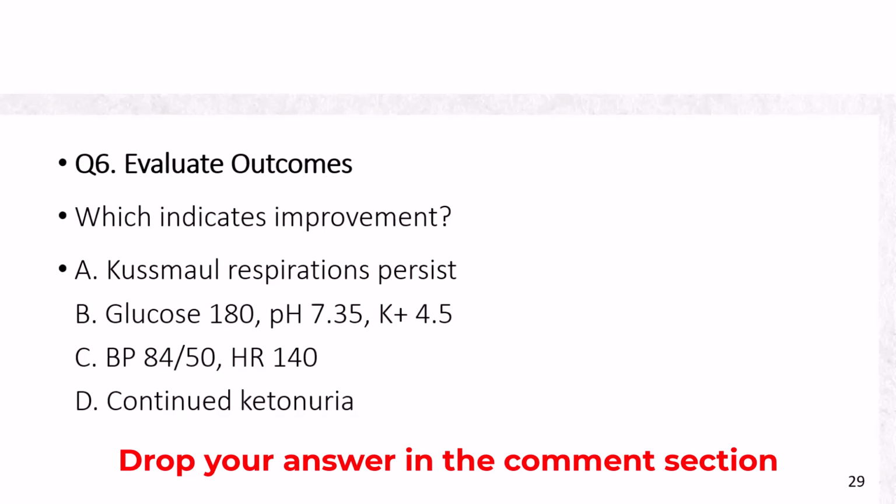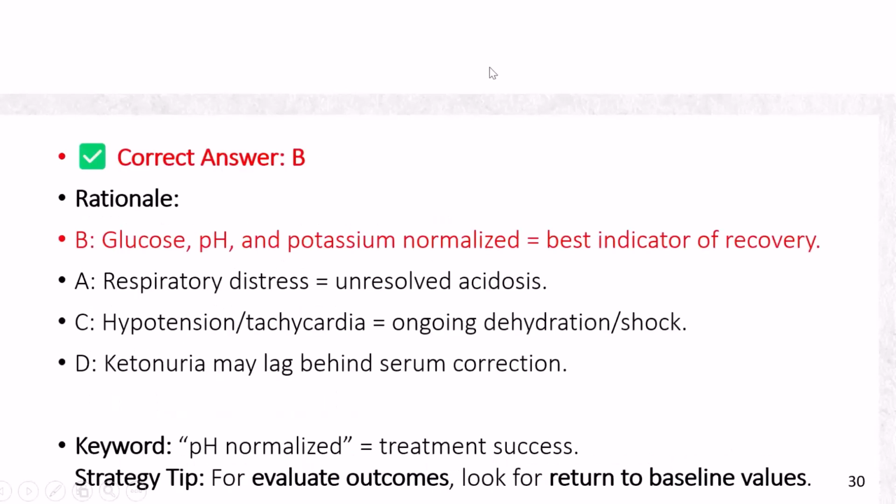Then continued ketonuria, there are ketones in the urine. So let's go. Yeah, B. So glucose, pH, and potassium have normalized. That is the best indicator of recovery. That shows that your treatment has been successful.